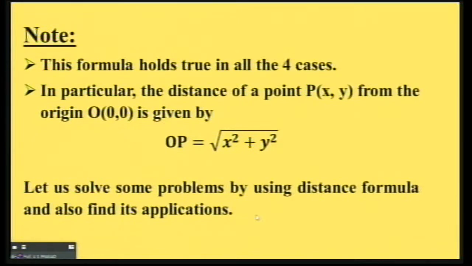In this way, we can identify the distance between any two points on a plane. Now let us see some interesting applications and problems using this distance formula.